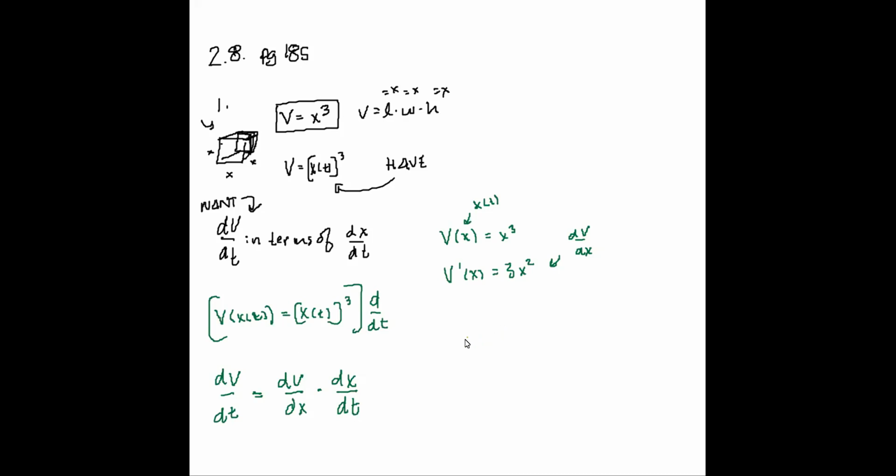Basically, yeah. So we would say that we have this function V, and V is a function of x, and that is equal to x cubed. So V prime would be equal to 3x squared, and then x is equal to x of t. And so x of t prime is equal to dx/dt.